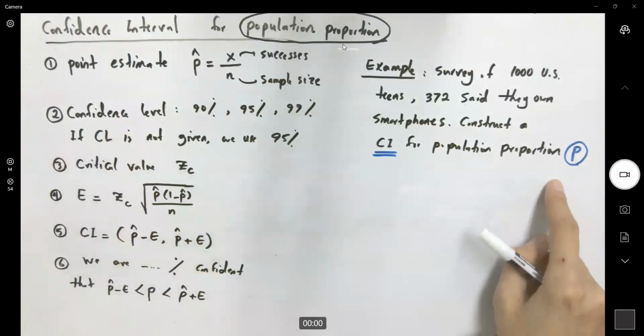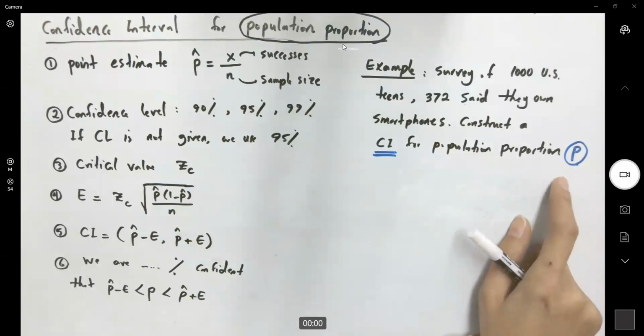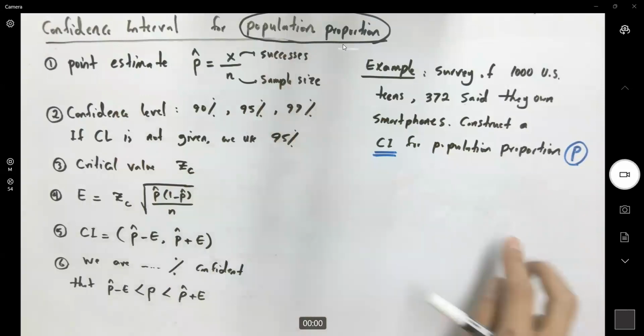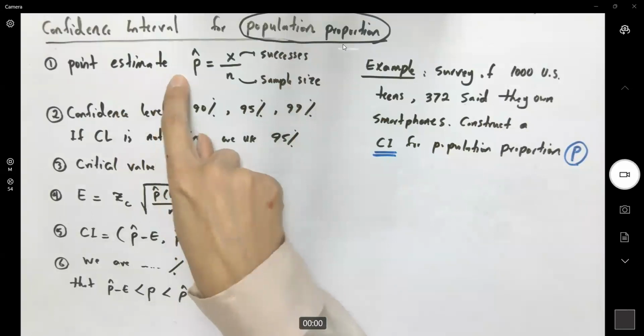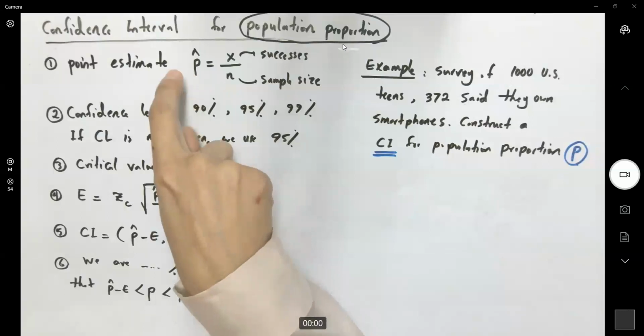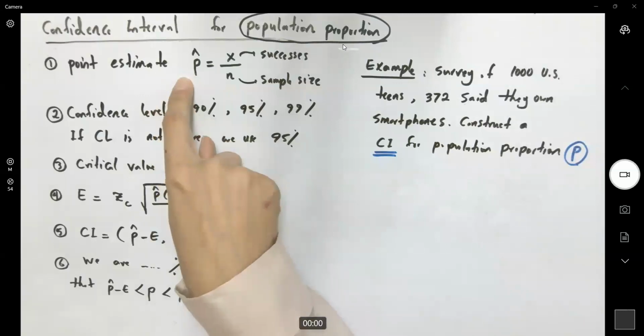Our goal is to come up with the best population proportion, but since we do not have information about the population, we're going to form a confidence interval, including possible population proportions. What is our first step? Our first step is to construct the sample proportion, which is representing the population proportion as an unbiased point estimate.